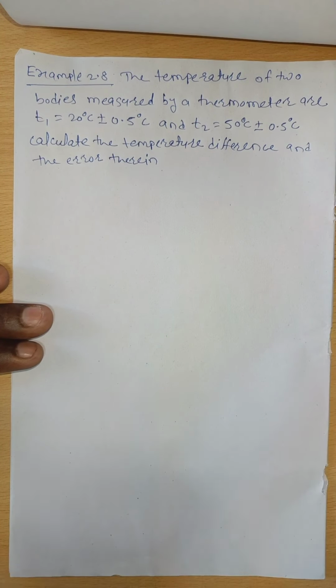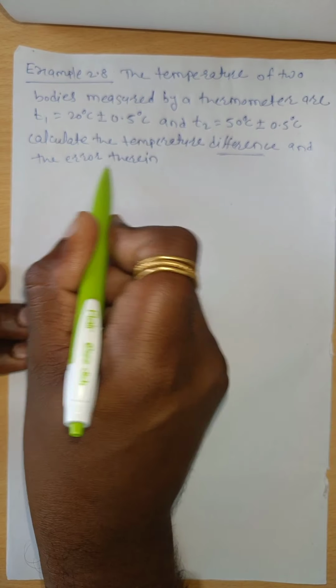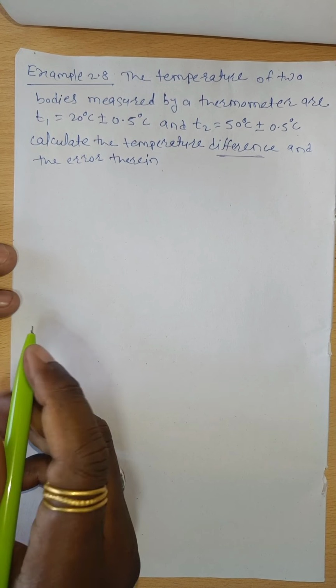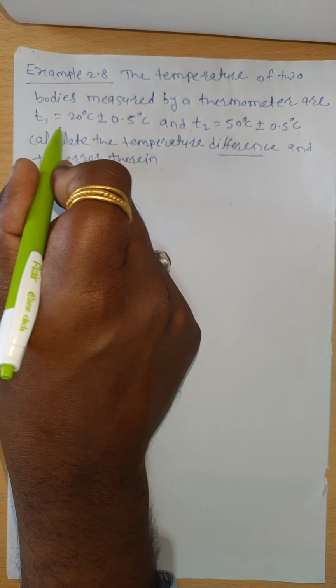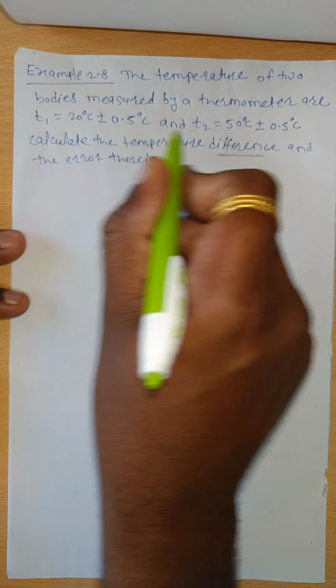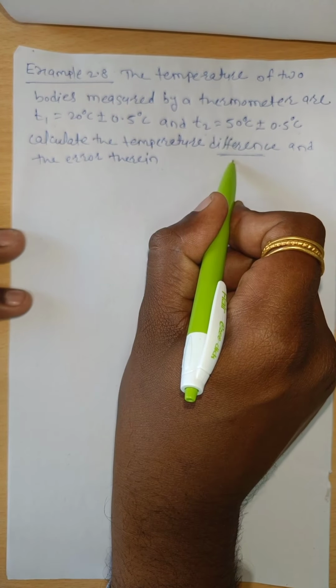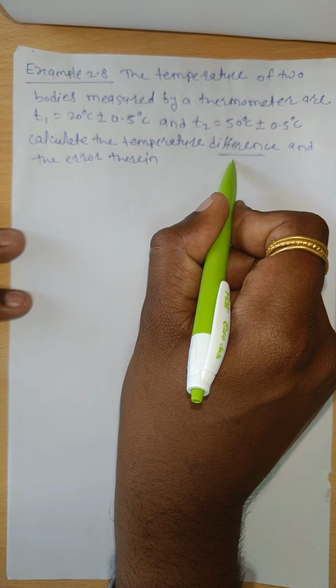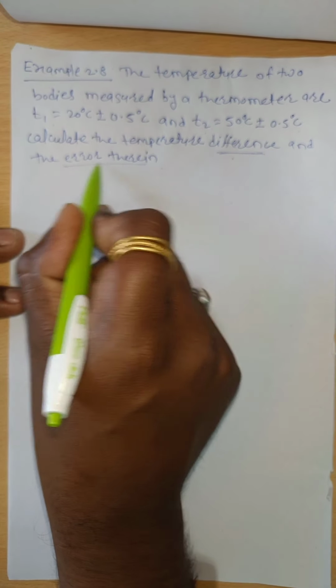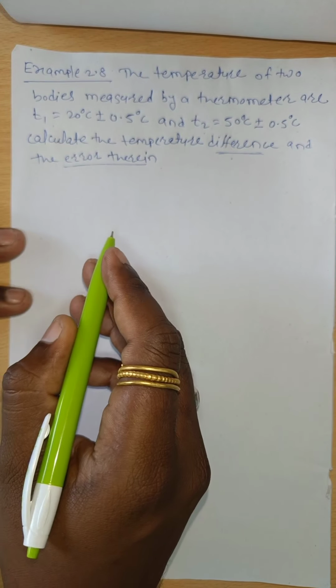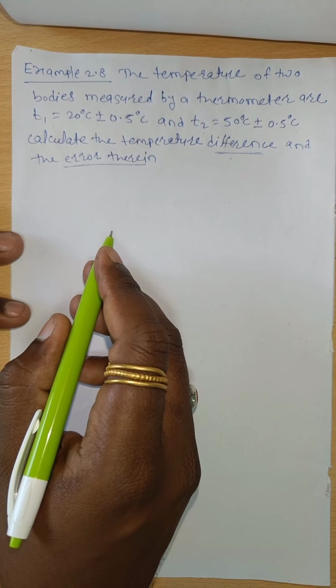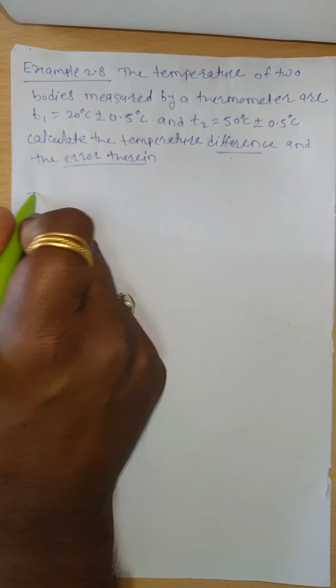Calculate the temperature difference and the error therein. They are giving a temperature T1 and temperature T2. We have to calculate the difference between the temperatures in the thermometers, and also the error that occurs while measuring the temperatures.